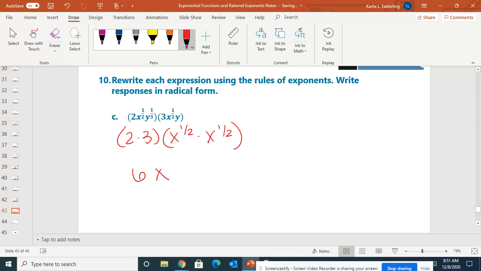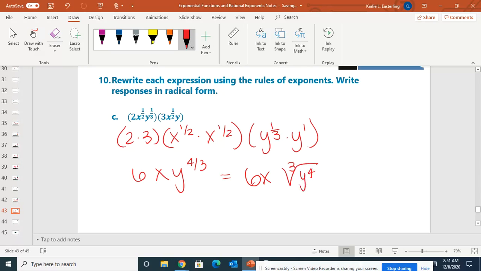So you're looking at x here because 1/2 plus 1/2 is 1. For y, you're looking at y to the 1/3 times y to the first. 1/3 plus 1 is y to the 4/3. Now, at this point, you can still keep going because what you're looking at here is 6x times the cube root of y to the 4th.